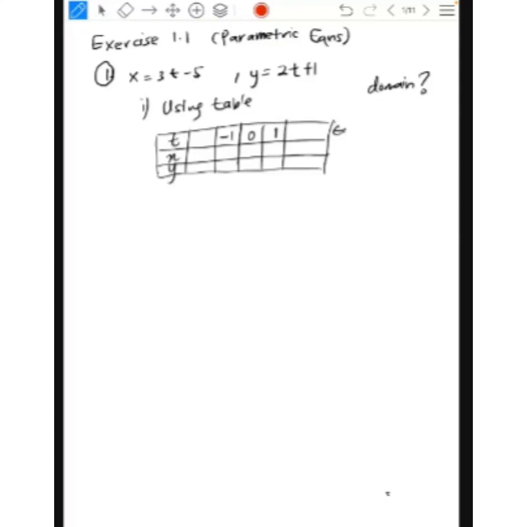If you use these 3 points and already get the curve, then it's enough. However, if using -1, 0, 1 you still cannot get the curve, then you expand your domain: add -2, 2 and then -3, 3 and so on. And the second method is to eliminate parameter t.